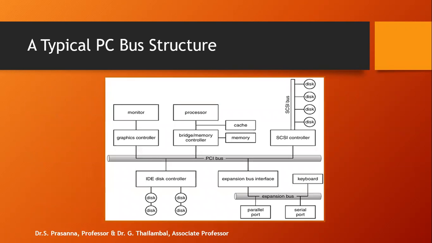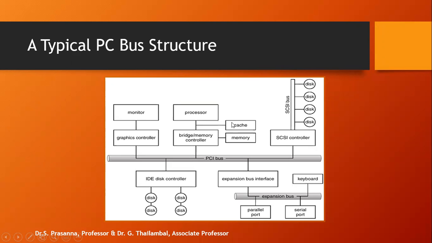A typical PC bus structure. So you can have a PC bus. You can see a PCI bus here. With this PCI bus, many devices are connected, like monitor, graphics controller, processor, bridge or memory controller.